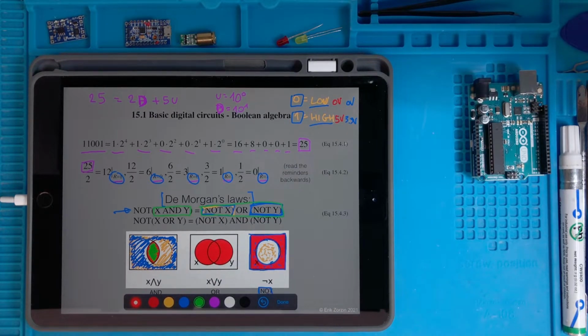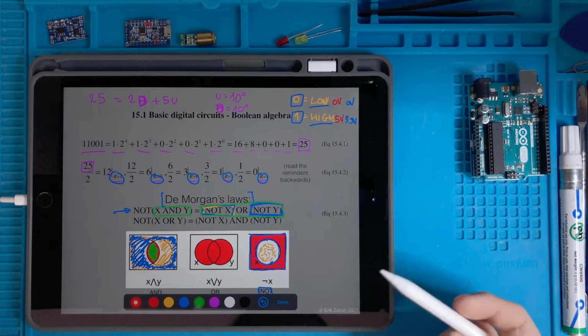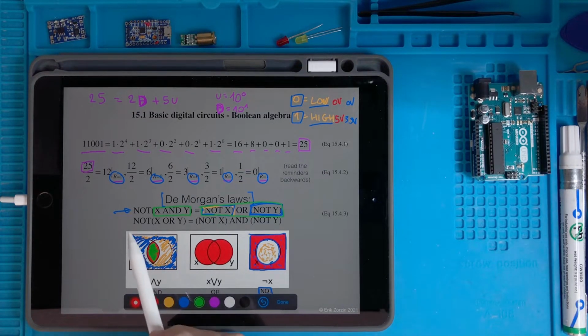So by this we verified the first law, and similarly we can apply the same reasoning in order to verify this one.